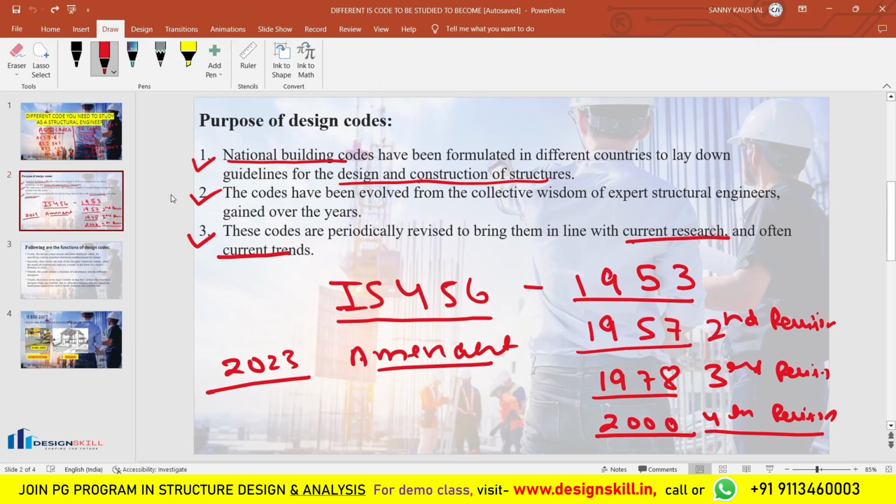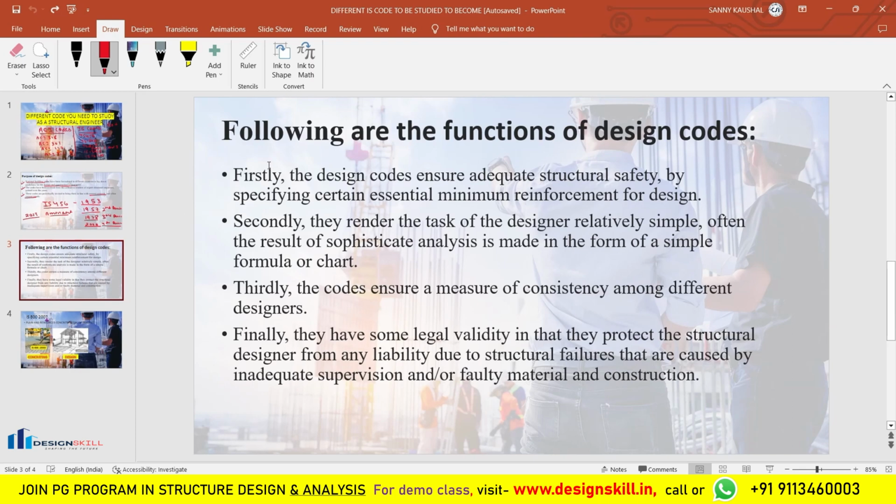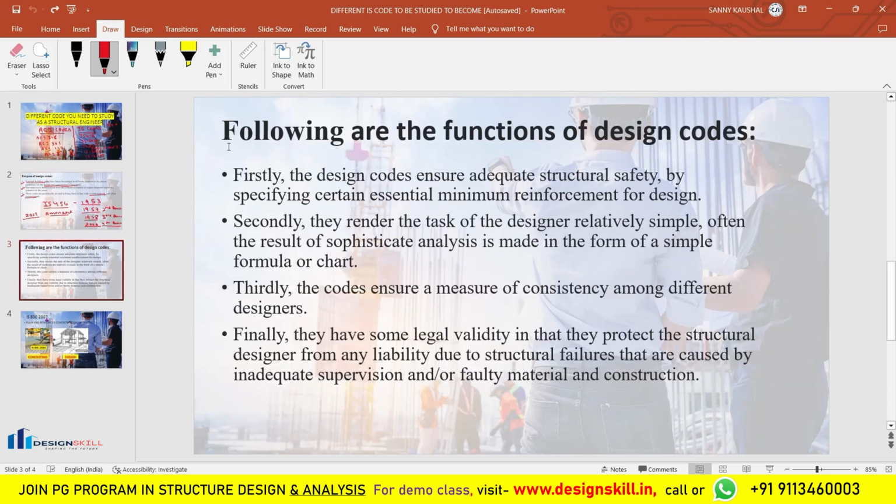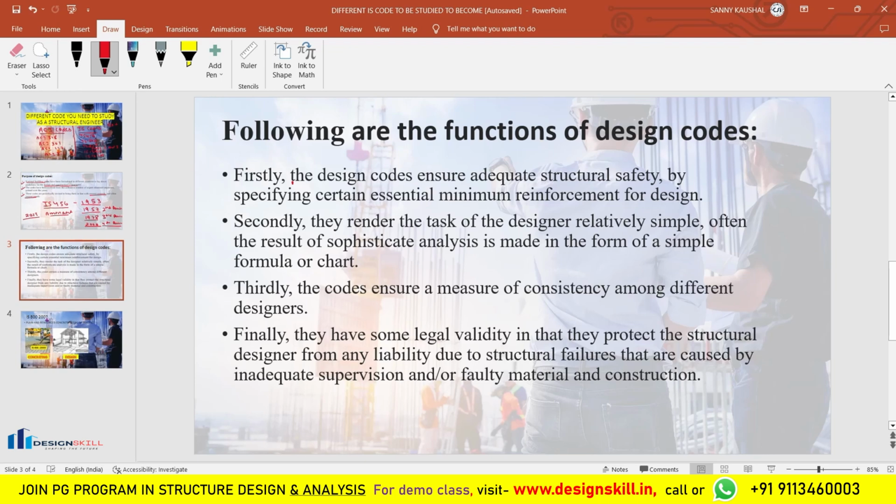Next we will look at the functions of our design codes. The previous slide was on the purpose of the design codes. Now we will see what the functions of the design codes are. The first function of your design code is to ensure adequate structural safety by specifying certain essential minimum reinforcement for the design.